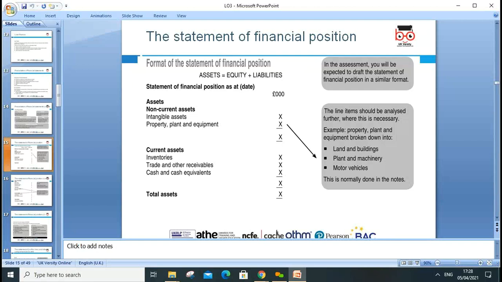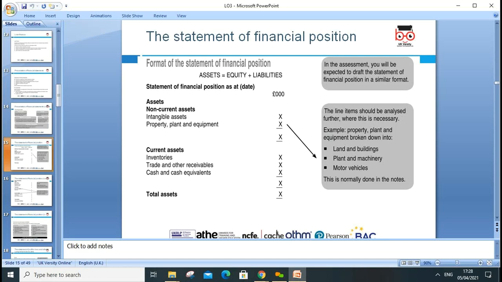Then assets fall into two categories: non-current, long-term. Normally we borrow a loan for long-term assets, to buy things like buildings, machinery, plant. And the short-term asset is known as current asset, which carries on changing, like stock. Stock never stays the same; each year its value carries on changing. So that's the inventory.